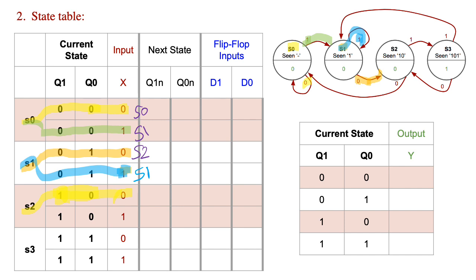And X is our input. So if we are in state 2 and we receive a 0, we're going to go to state 0. So we'll write here 0.